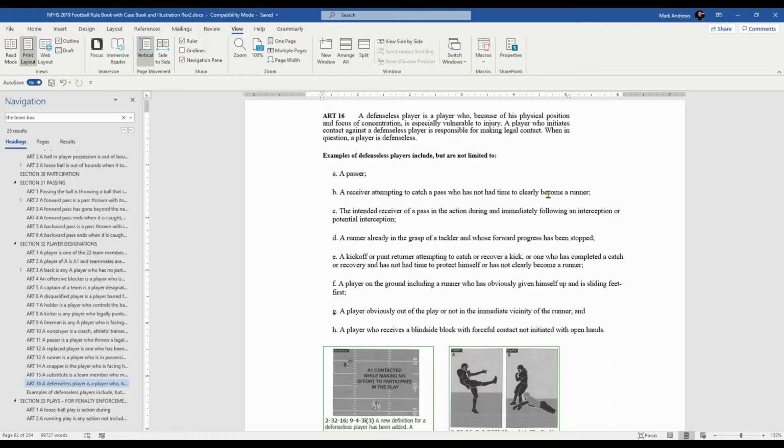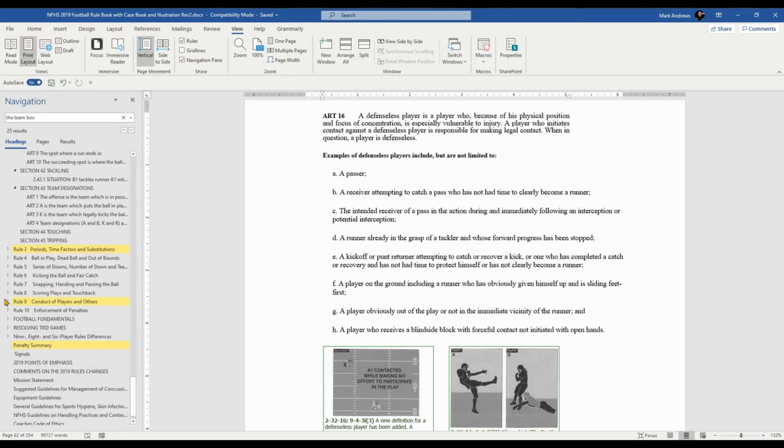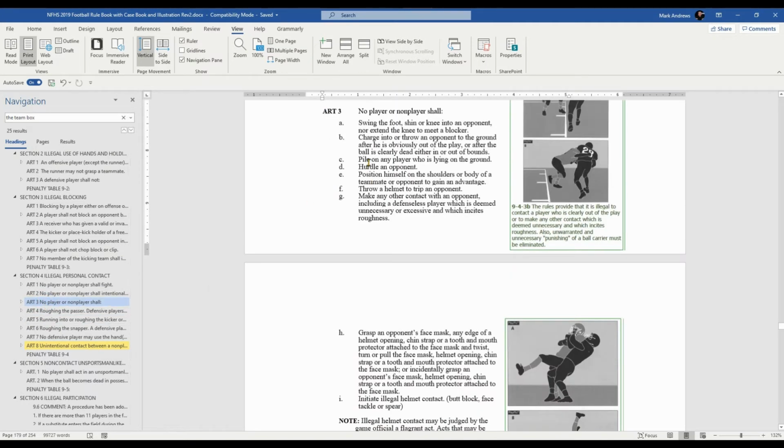Contact with the shoulder in the middle of the back would be considered excessive, and it would be a personal foul. Let's take a look at the rule for that, 9-4-3, the rule that he references. Okay, so no player or non-player shall, and this is another, this is all the personal fouls.